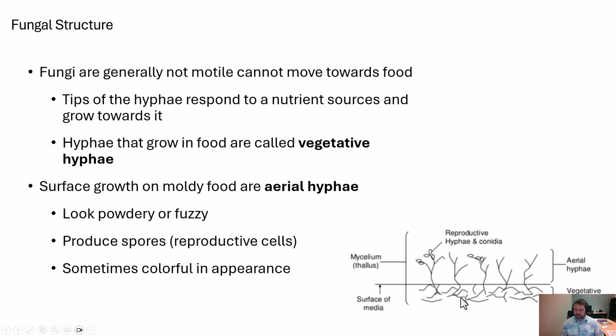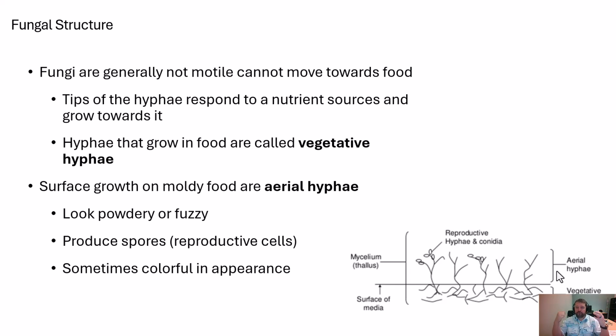So here's a diagram of that. The vegetative hyphae is typically the hyphae that you really don't get to see. Maybe this is the surface of the soil, this is the surface of the skin, something. The vegetative hyphae is the hyphae that's going to be digesting material underneath, and then the aerial hyphae is the stuff that's most of the time reproductively active.